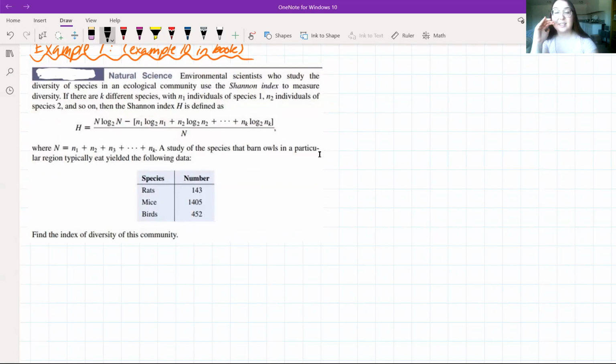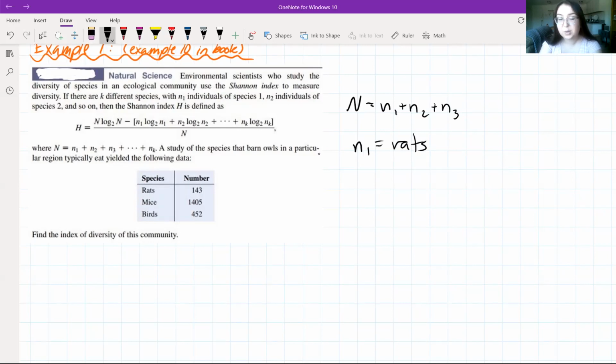So let's just state some facts first. We know that N is equal to n sub 1 plus n sub 2 plus n sub 3, since we have only 3 species in this case. N sub 1 is going to be rats, our species 1, and the number of rats is 143, so n sub 1 is equal to 143.